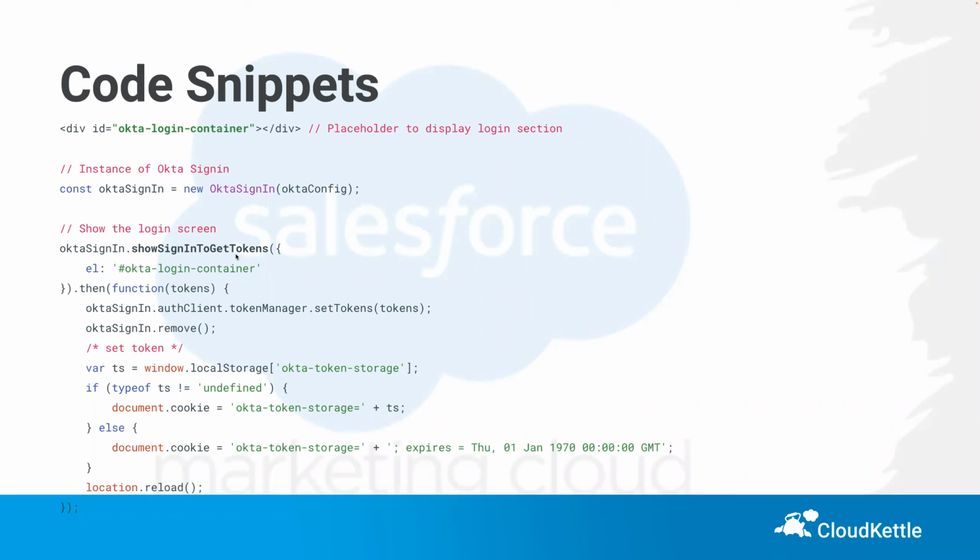So go ahead and use this method, and all you do is tie up your sign-in widget to your div tag, and once you tie them up, you try to get an auth token by passing the configuration. You have already passed the configuration. You get the auth token, and once you have it, you store it in your local storage.